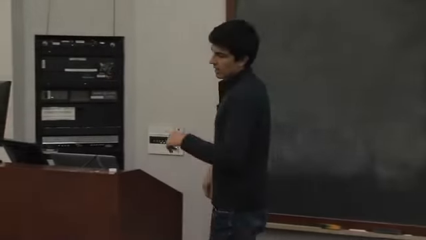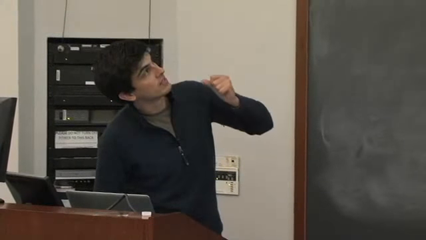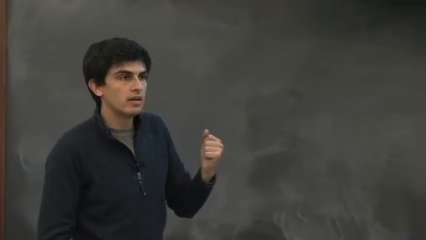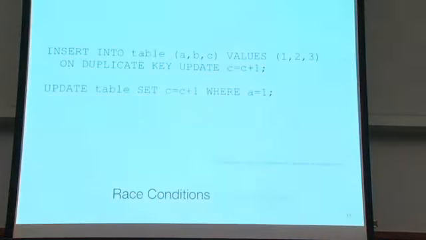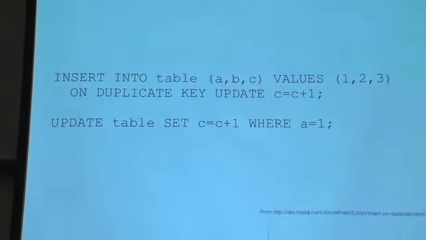If I insert this row into this table, and the value 1 already exists in field A, something is going to fail, because you're trying to insert a row that already exists.